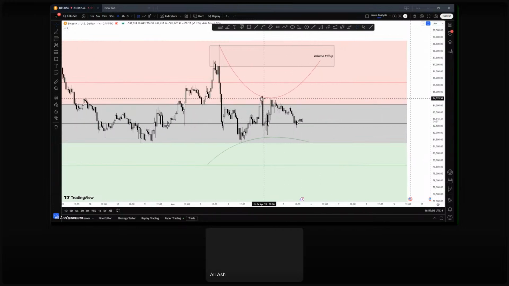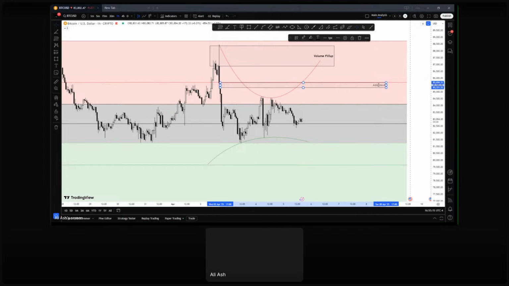If it's able to penetrate this resistance, we are pretty sure that it can go and touch this resistance as well. This is our insider resistance.